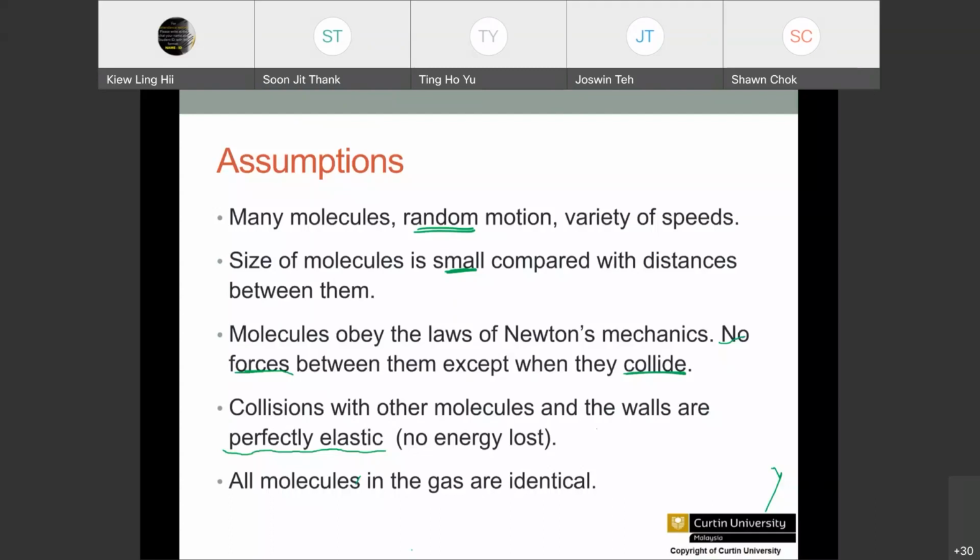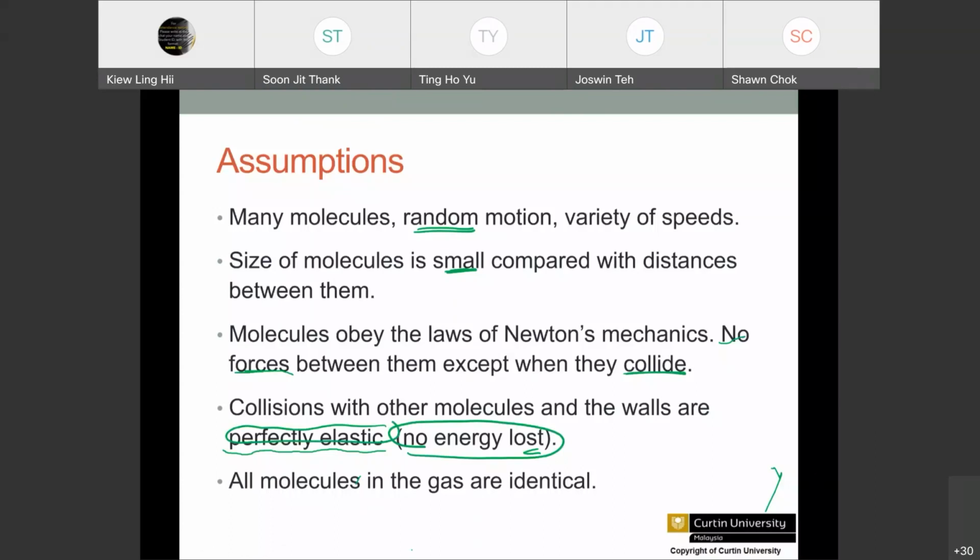In a perfectly elastic collision there is no energy loss, meaning that the kinetic energy is conserved in this collision.